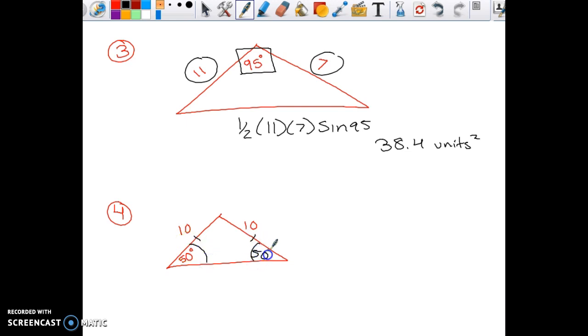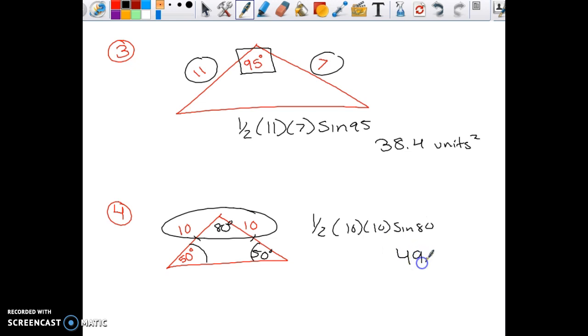So I'm going to plop another 50 over here, and now I'm going to use the fact that triangles have 180 degrees to find out that this is 80. And boom, you've got 1/2 AB sine of C. So take a second, type that in. So 1/2 of 100 is 50, and 50 times sine 80, 49.2 units squared.